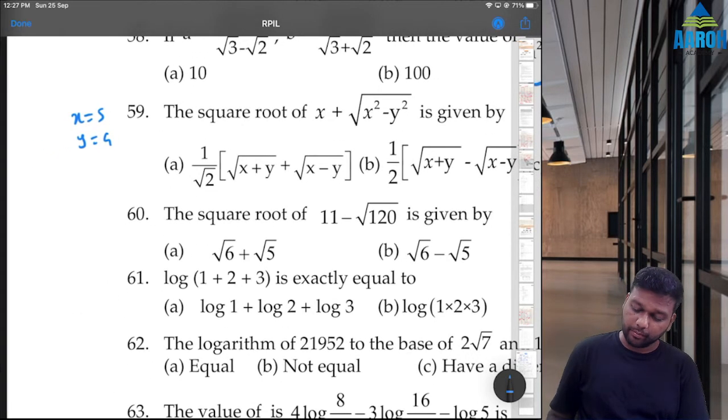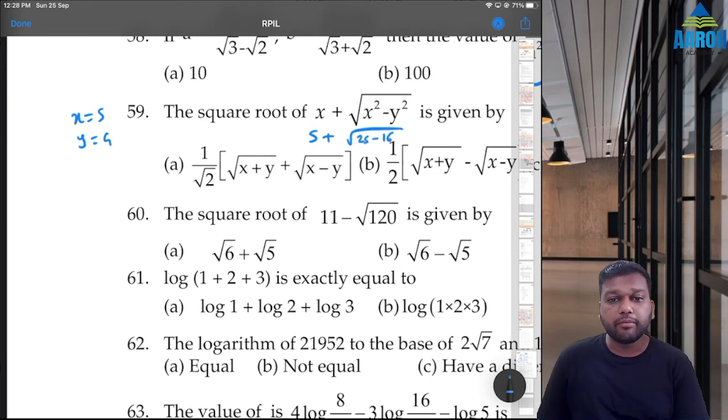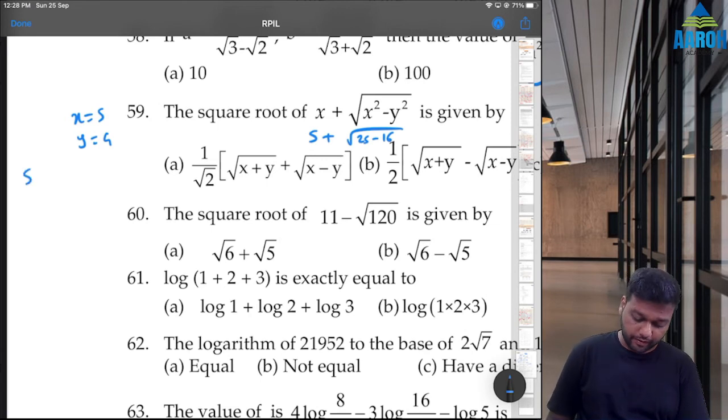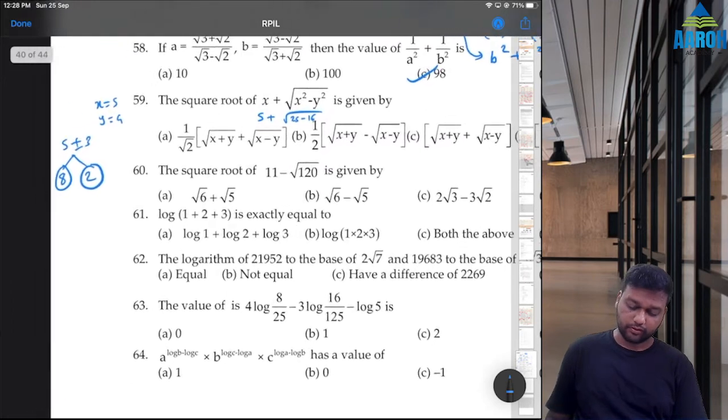So x will be 5 plus root of 5 square, which is 25 minus 16. 25 minus 16 is what? 9. So root of 9 is 3. So 5 plus minus 3 will be the answer. So two answers will be 5 plus 3, 8, and 5 minus 3, 2.